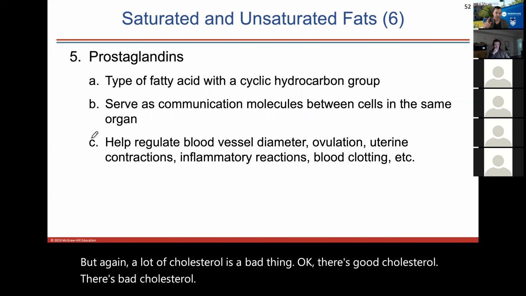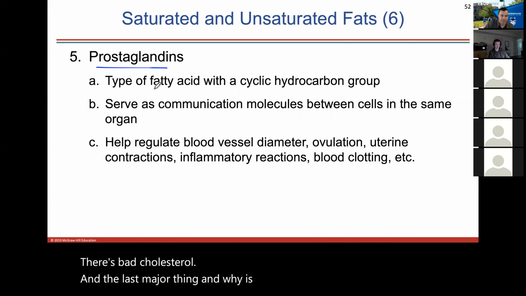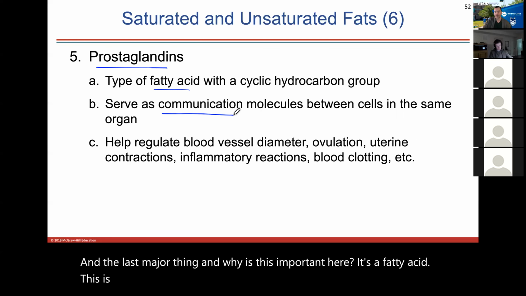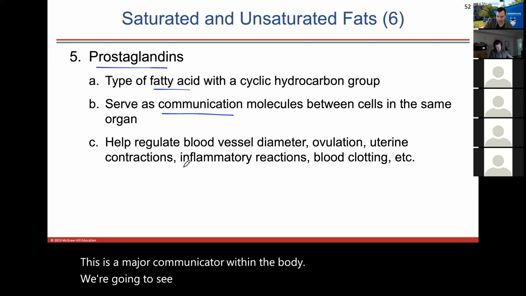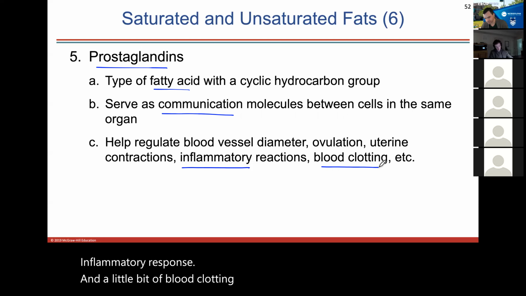And the last major thing, and why is this important here? It's a fatty acid. This is a major communicator within the body. We are going to see prostaglandins predominantly involved with inflammatory response and a little bit with blood clotting. That's where we will see them.